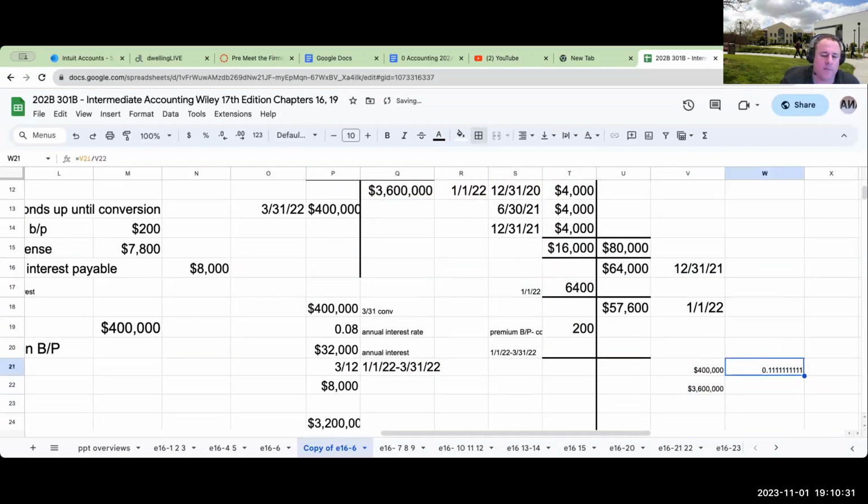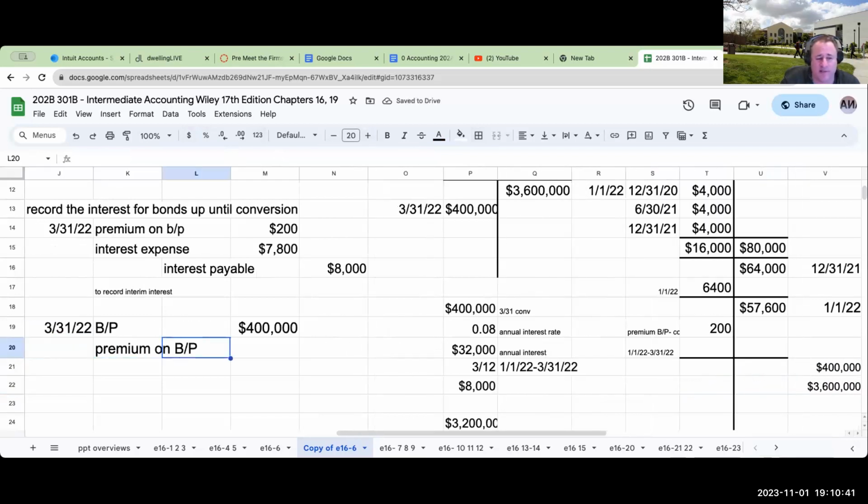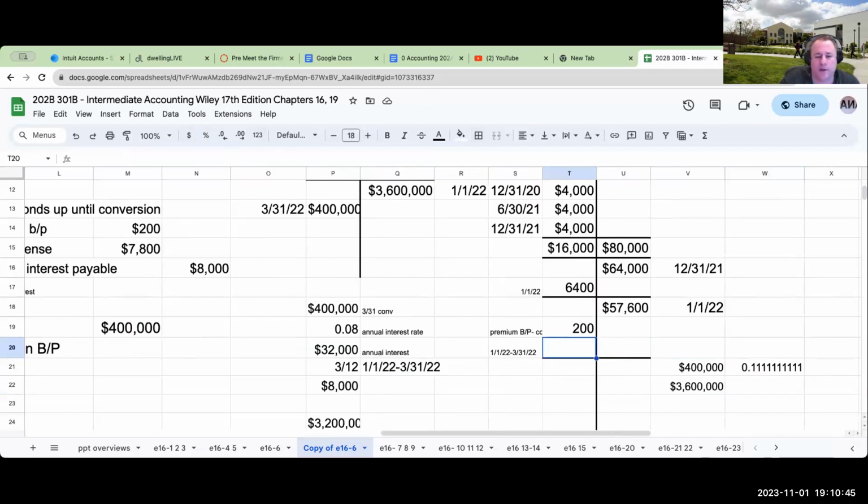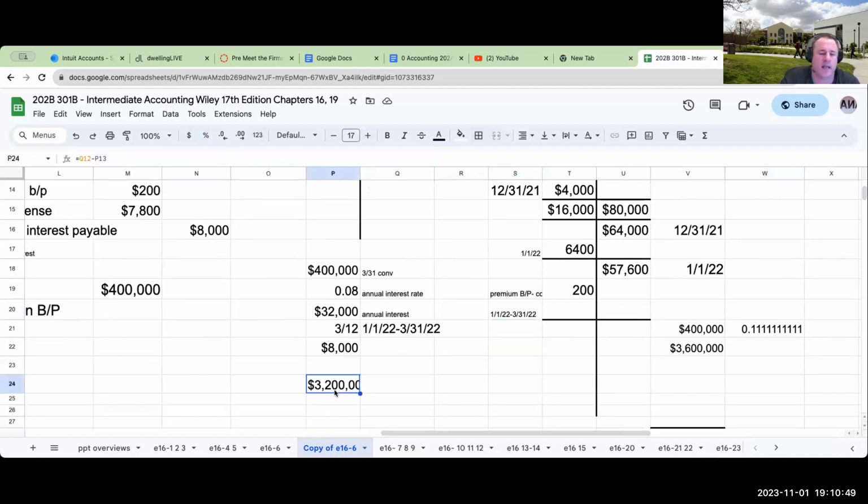So I'm converting about 11.11% of the bonds that are outstanding. In order to write off the proper amount of the premium, I need to figure out, on the rest of this, how much of the premium did I amortize during this period?